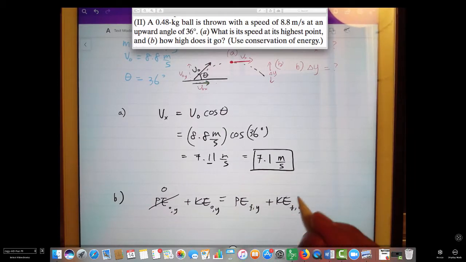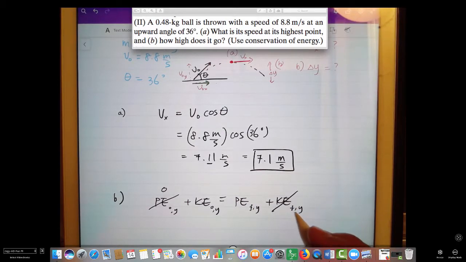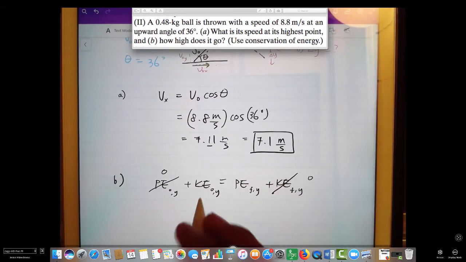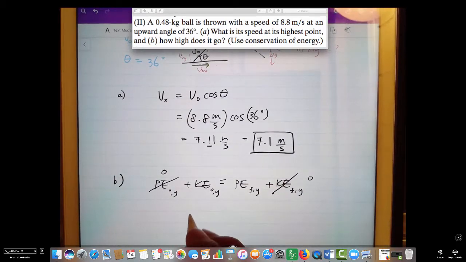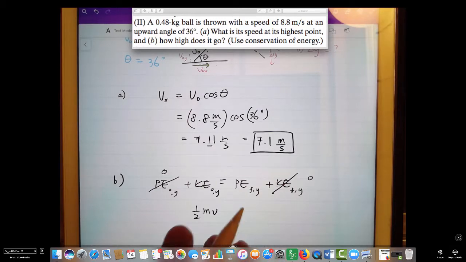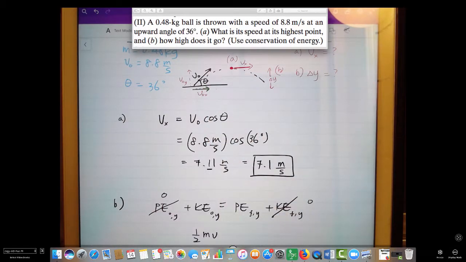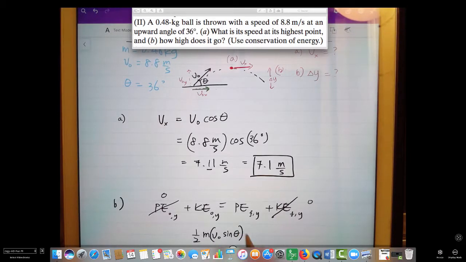So we'll say kinetic energy in the y direction will be 0. The initial kinetic energy, we'll call that 1/2 mv. Now, we have to be careful here. Vertically, you've got to take the sine theta, the V0 sine theta, because we are concerned with the vertical component. And don't forget to square that.